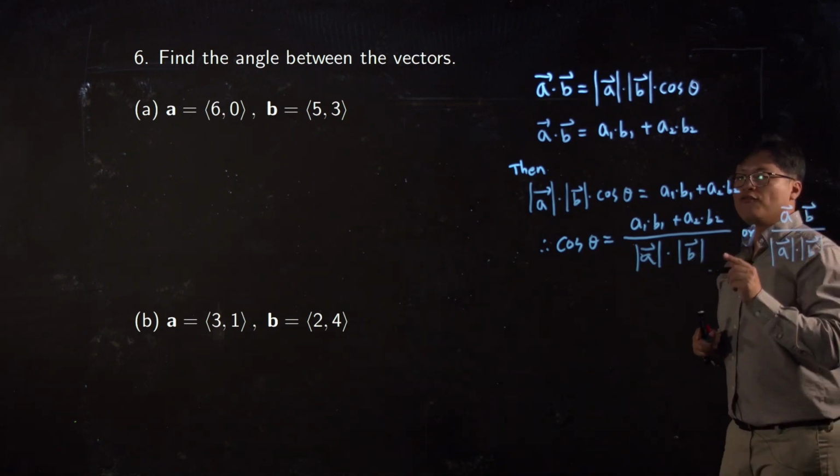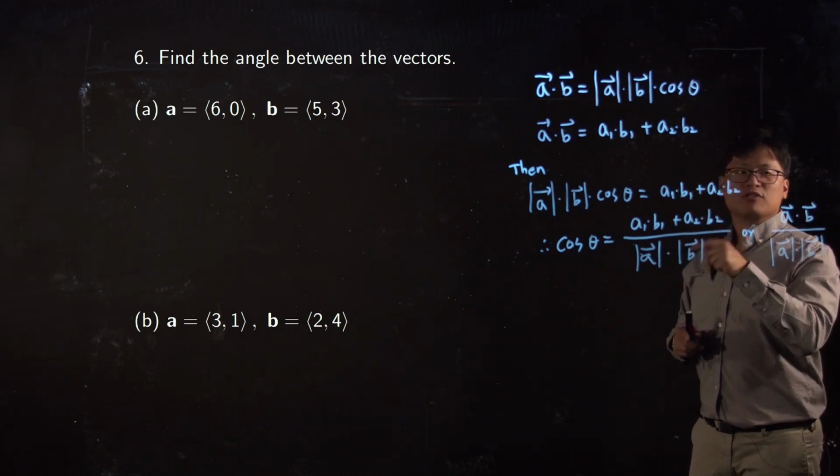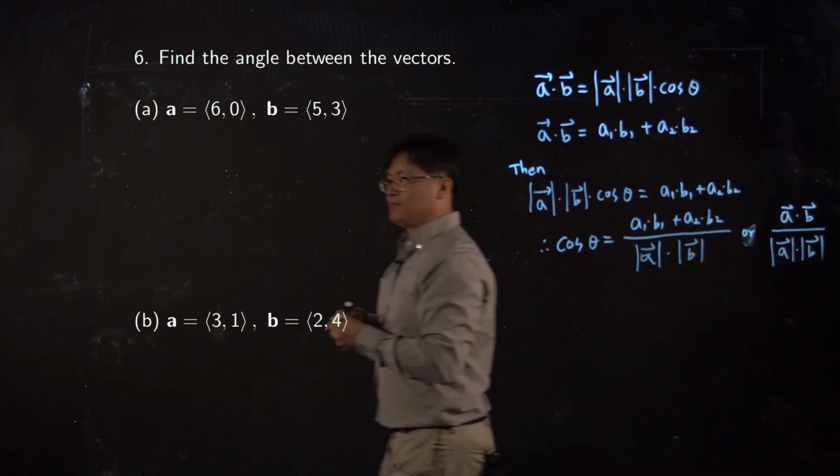Then if you really want to find the angle between two vectors, which is theta, it is the inverse cosine, or we can say arc cosine. Is it okay?